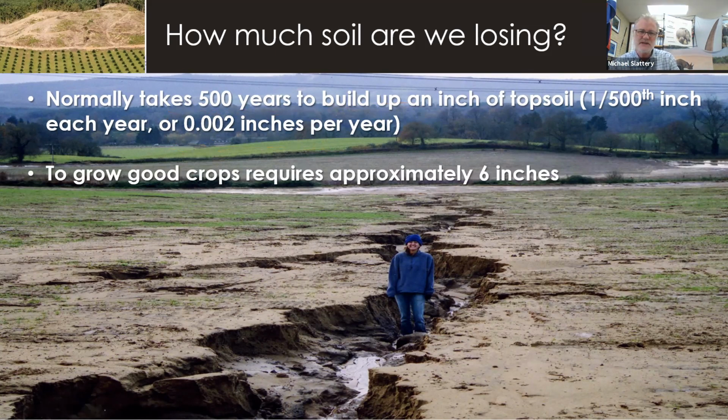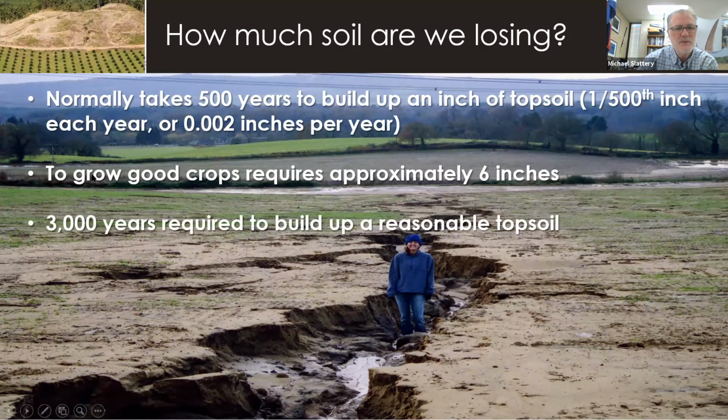So we're talking on the order of thousands of years to build up agriculturally workable soils. Maybe 3,000 years to build up 6 inches of soil. So if we are forming soil at a rate of 0.002 inches per year, or every 500 years to build up an inch, what does the rate of soil loss look like?